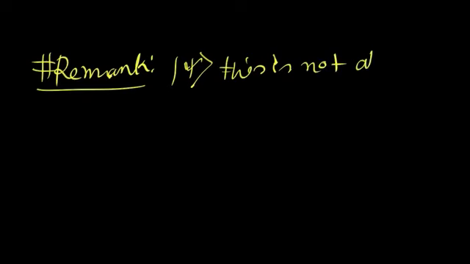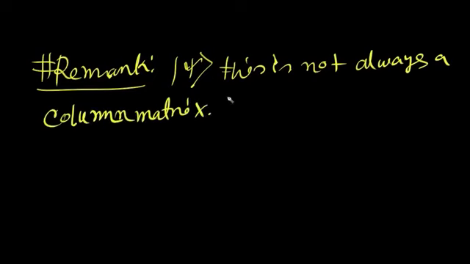Now there is a remark. Let's say I want to take a quantity called psi. This is not always a column matrix. In fact, this column matrix is just one of the many representations this ket vector can have, and this ket is more abstract.